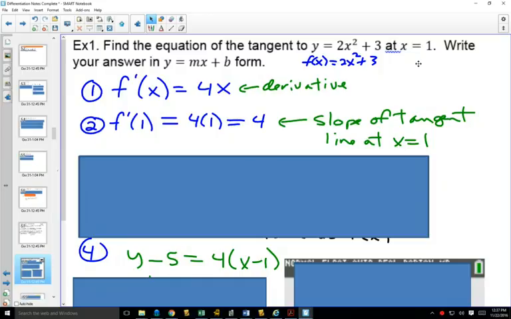Again, thinking, what are the two things that I need to find an equation of a line? I need the slope and I need a point. My derivative just gave us the slope. We know that it's 4. What point does this one go through? It's going to be 1 comma something. How do I find that something?